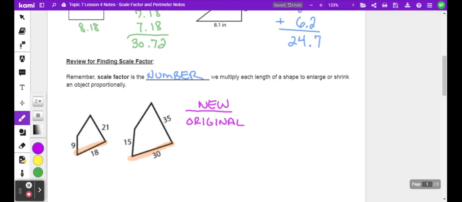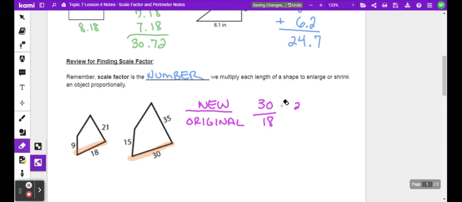If I take that bottom edge of the new, which is 30, and put it over the bottom edge of the original, which is 18, I can see that I have an improper fraction, and all improper fractions are more than 1. So I can go ahead and simplify this fraction, which I can do by dividing by 2, which is going to give me 15 over 9.